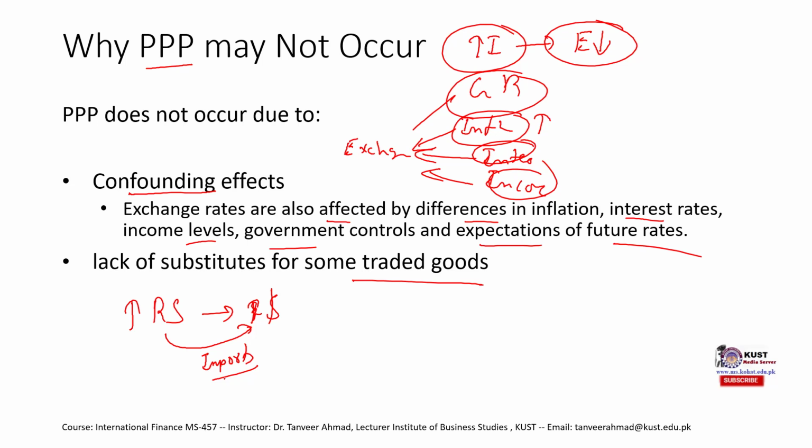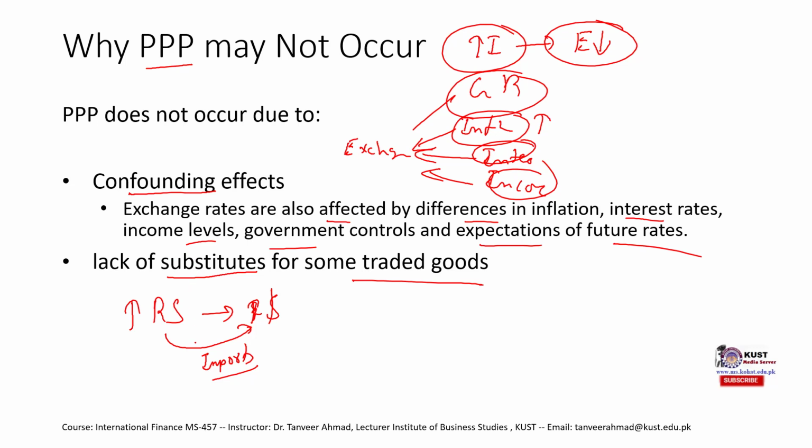But what if the substitute for the product is not available in the foreign country? For example, we are buying a certain kind of product for which the substitute is not available in the US. Then in that case, the purchasing power parity would not hold.